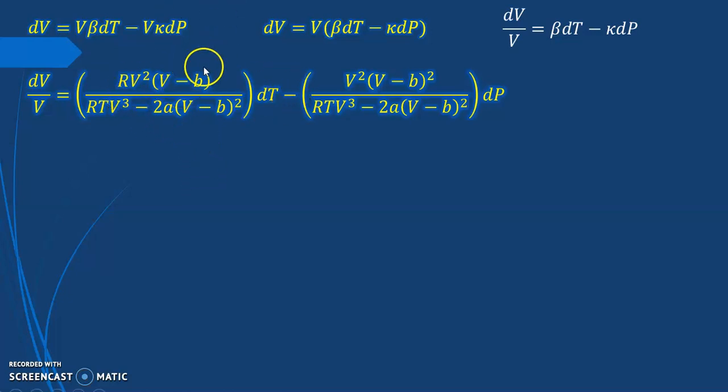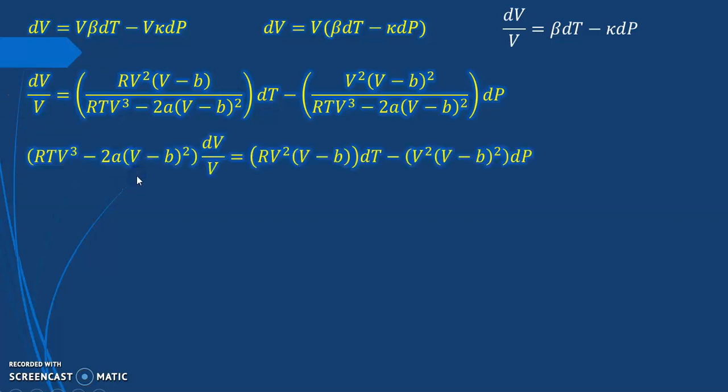In this case, we can observe that we have the same denominator in both terms. So we can sum this term, and also this denominator that is divided could pass to the other side multiplying, and we'll get this term.